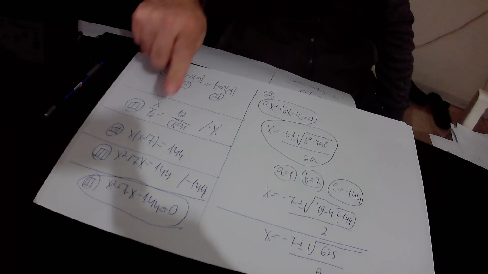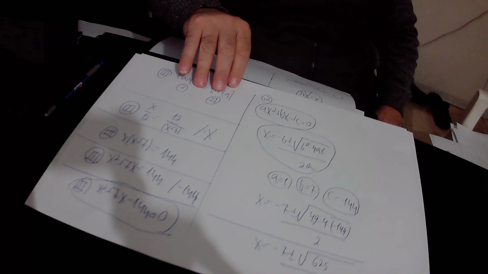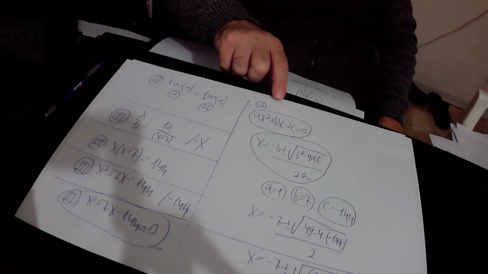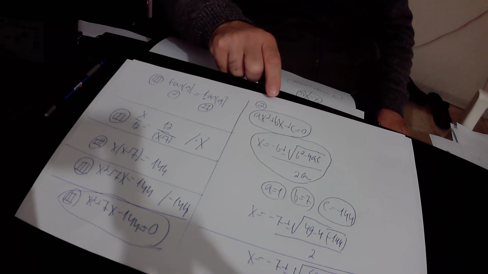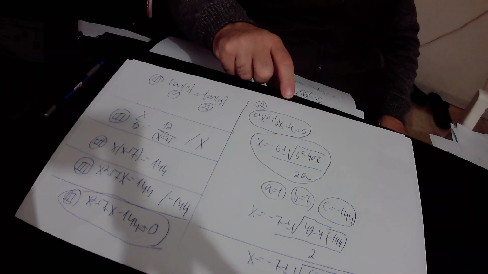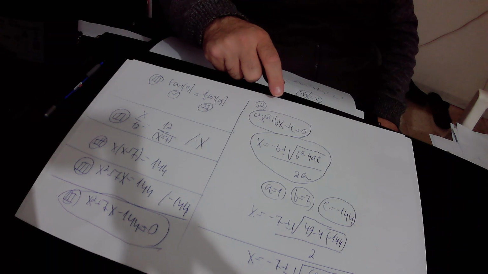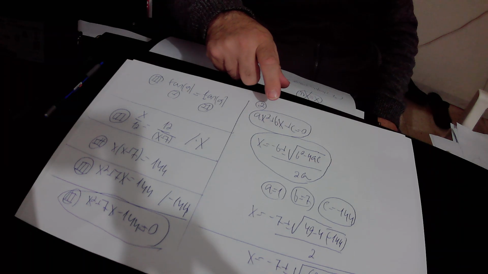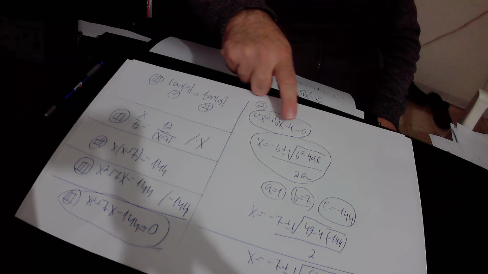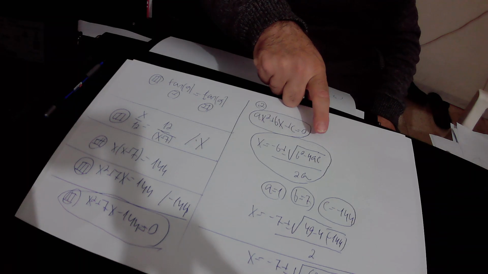So this is a quadratic equation, and the general form of a quadratic equation is ax squared plus bx plus c equals 0. Here a, b and c are the coefficients of the quadratic equation, and x is the variable that we are looking for. We find the value of x according to the following formula: x equals minus b plus minus root of b squared minus 4ac, over 2a.